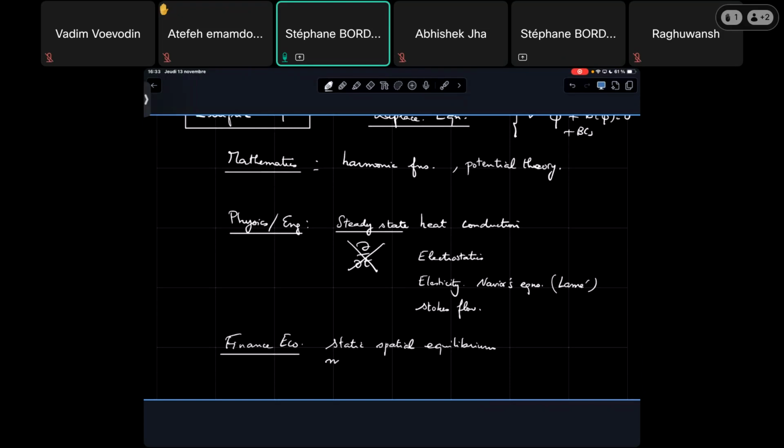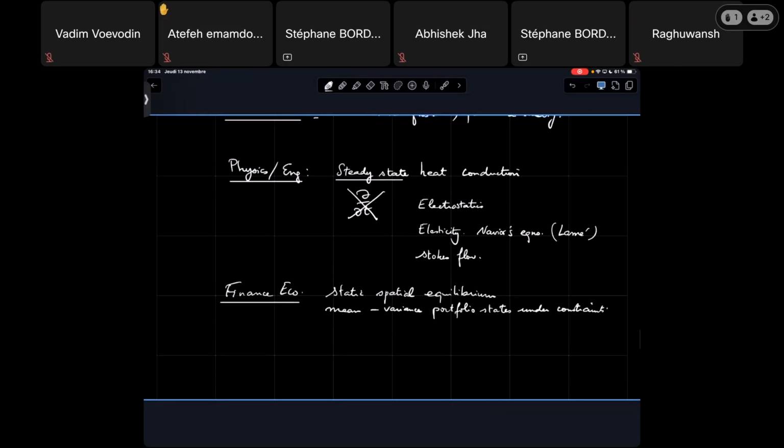Also for portfolios, you have this thing called mean variance portfolio states under constraints. So yeah, you have quite a lot of stuff.